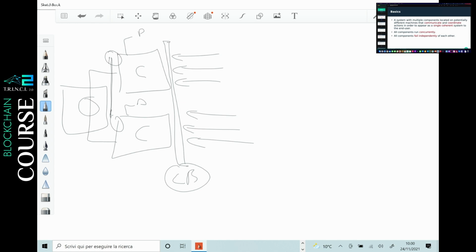But this is not the only motive. For example, a distributed system can be used to distribute the connectivity between various countries. I can imagine that if this is the world, which I have to draw flat, and this is Australia, and this Europe, there is a significant latency time.